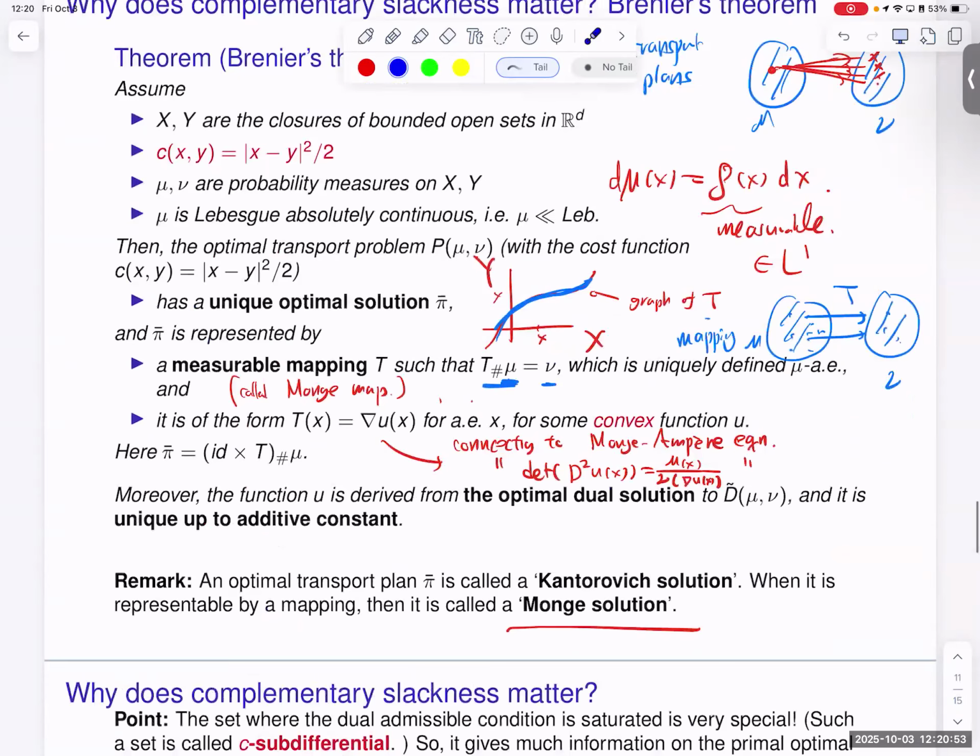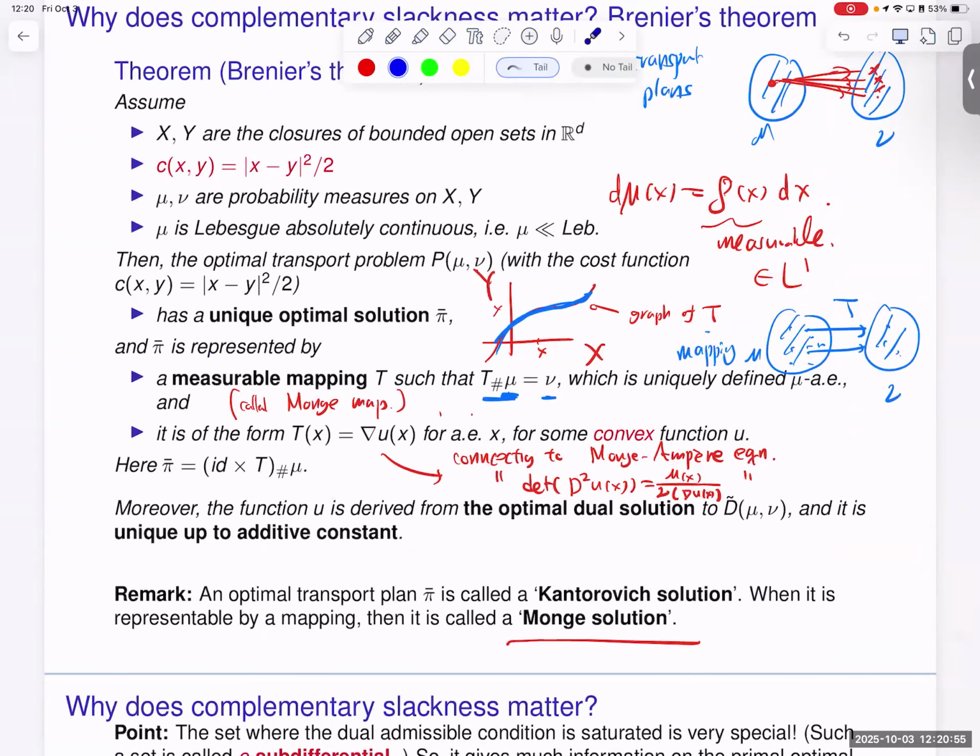So let me come back to this connection between complementary slackness and Brenier's theorem later when I resume my lectures, okay? But at the moment, you can just accept this as a known result, and assume that it came from complementary slackness. That is something you can just remember from now.